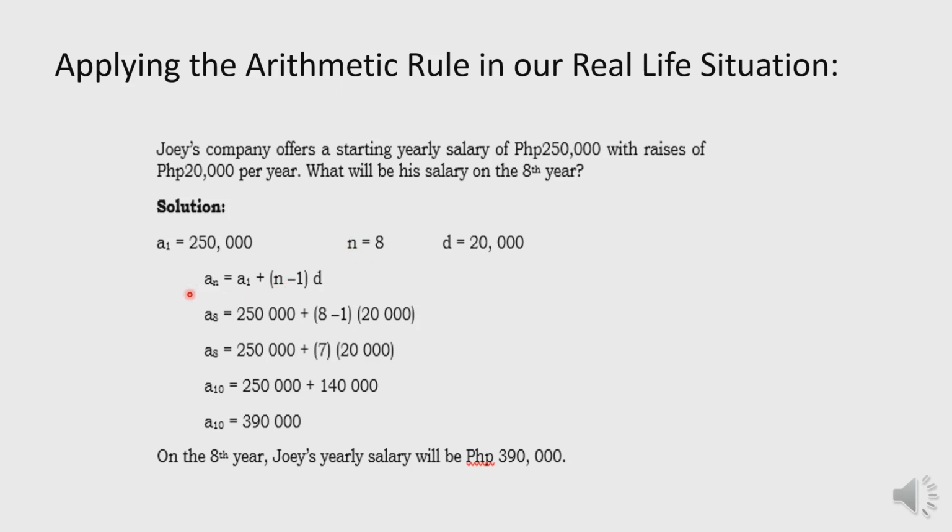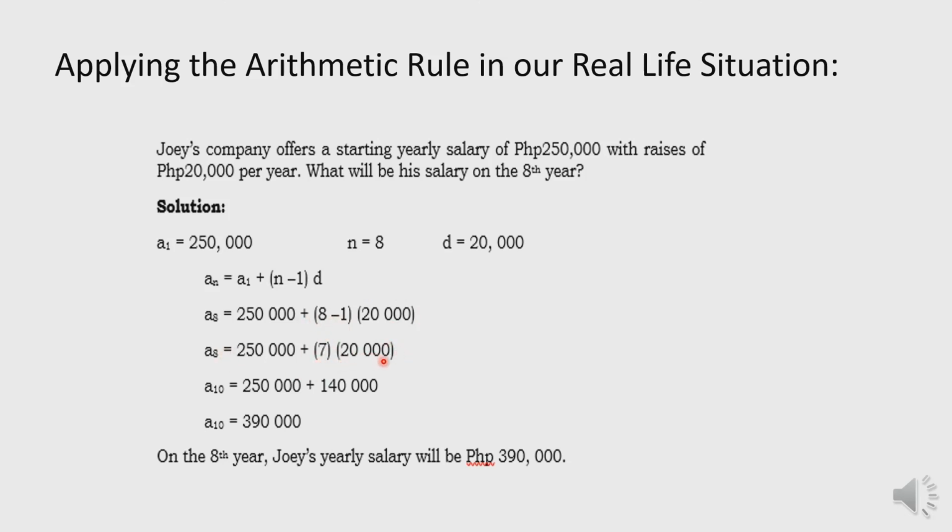From the general rule, a sub n is equal to a sub 1 plus n minus 1 times d, you only need to substitute a sub 1, which is 250,000, and a sub 8, the 8th year or the 8th term, plus n, which is 8, minus 1, and then times d, the common difference of 20,000, and then simplify. So 8 minus 1, you have 7.